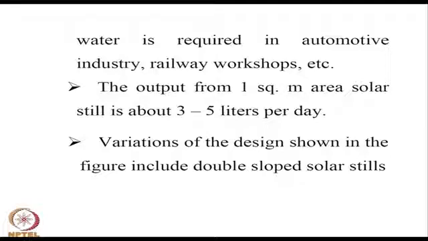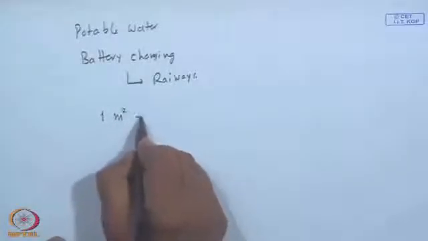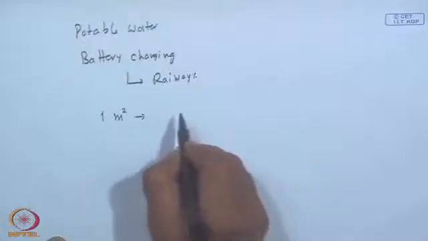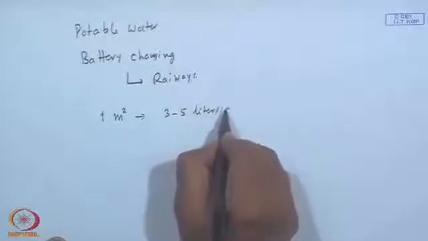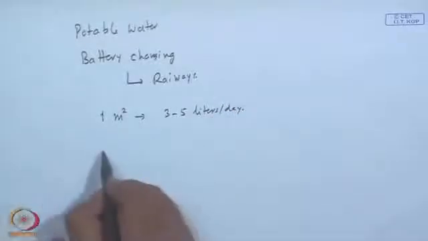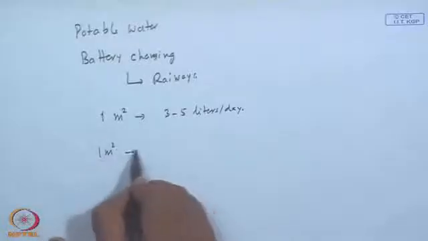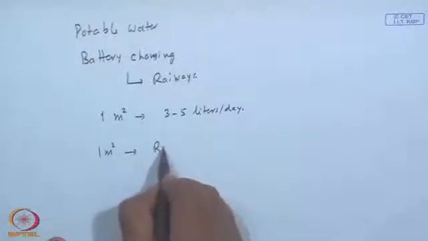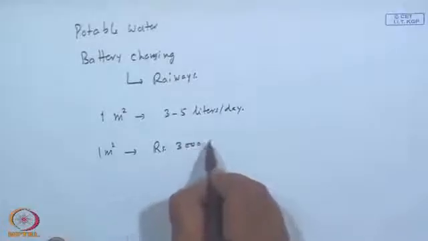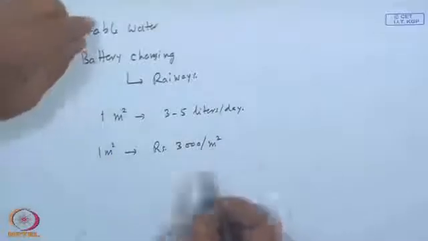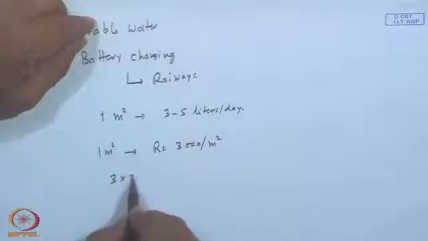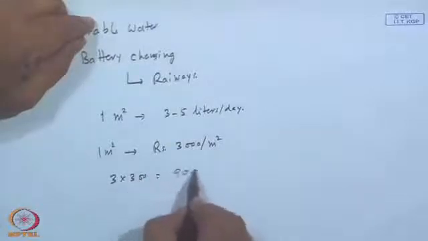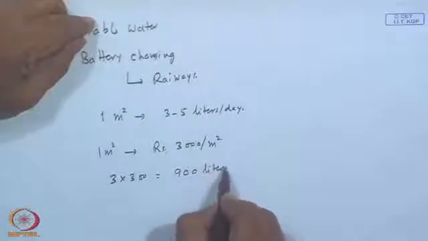So, the output from 1 square meter of the solar still is about 3 to 5 liters a day. So, if 1 square meter is costing around, let us say, Rs 3000 per meter square, then even at the rate of 3 into 300, that will be about 900 liters per year.